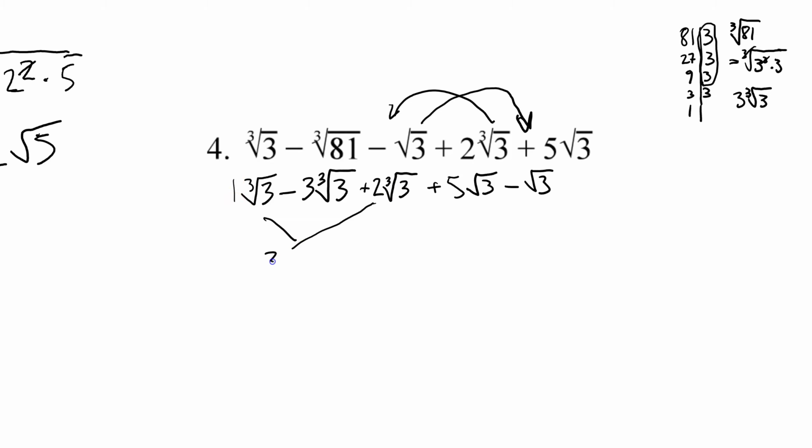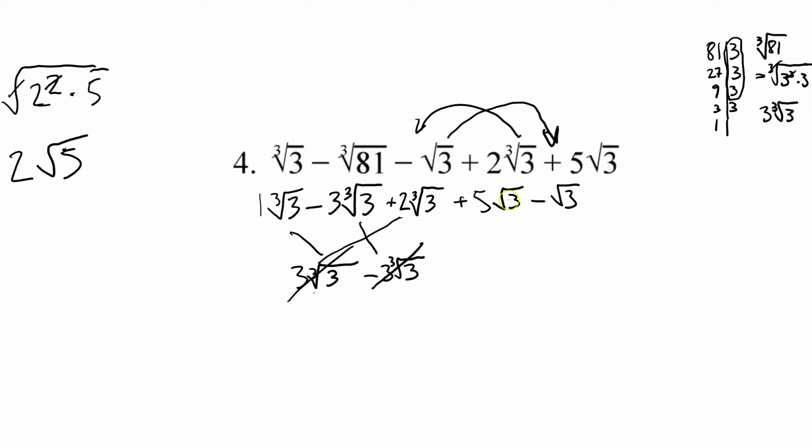so there's 3 cube root of 3 minus 3 cube root of 3, and since these are opposites of each other and we add them together, they cancel.